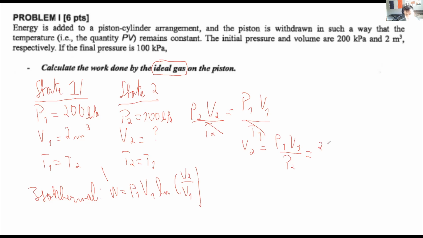So 200 times 2 divided by 100 is equal to 4 meters cubed. Then you plug that into your work equation: 200 times 2 times ln of 4 divided by 2, which is just going to give you 2. And that gives you 277 kilojoule.